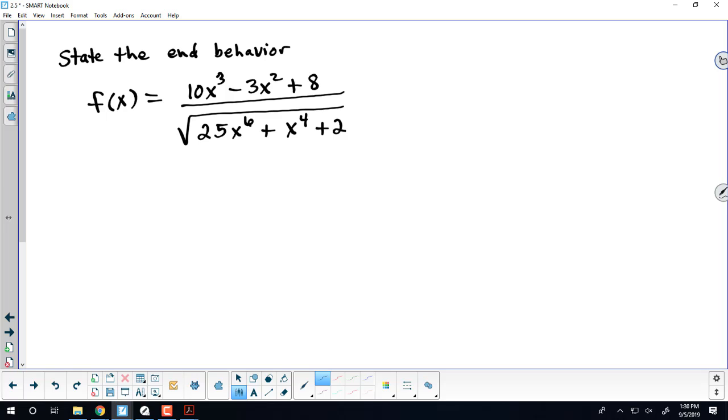first of all, what does it mean when you're asked to state the end behavior? At the end, right? So the end behavior is two things: the limit at infinity and the limit at negative infinity.